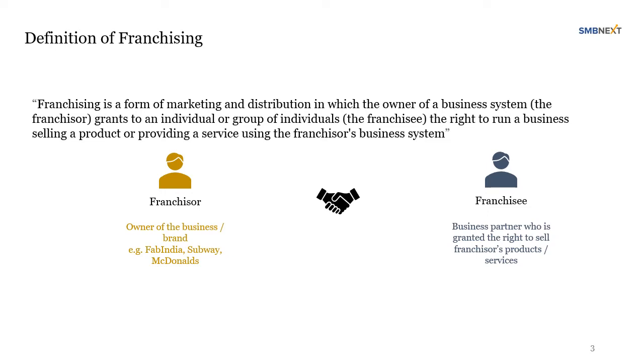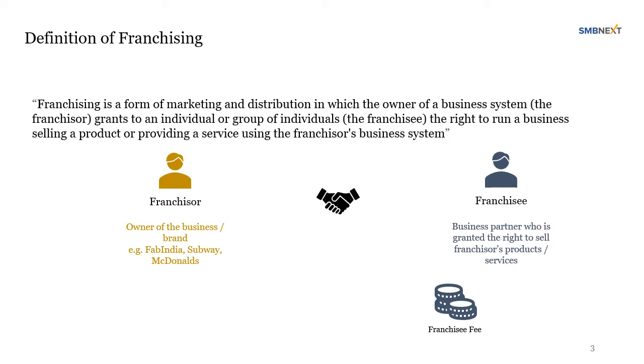For buying the right, I pay the franchisor, or in my case Fab India, a fee which is called the franchisee fee, just for buying the rights. It doesn't mean I can start selling the products. I'm just buying the rights from the franchisor for a fee which is called the franchisee fee.